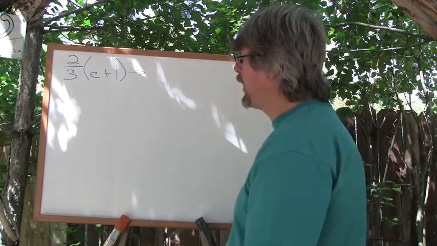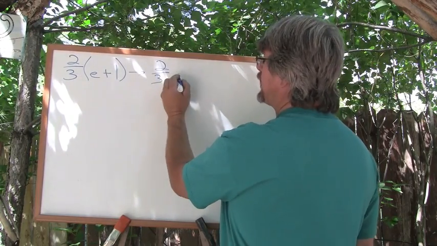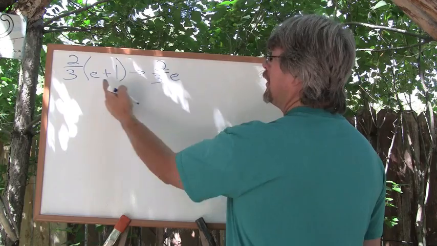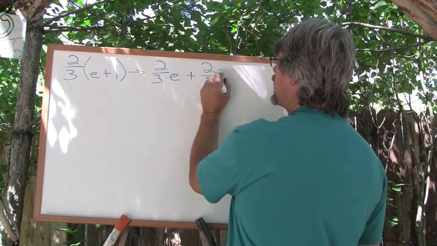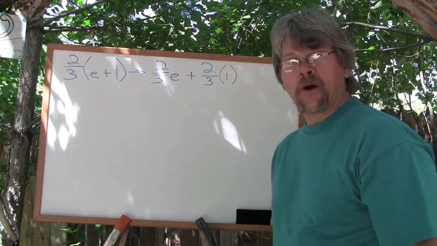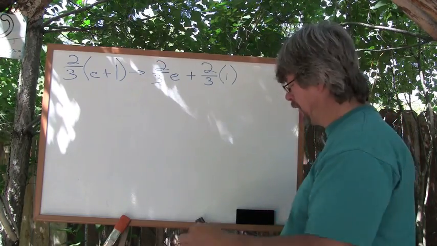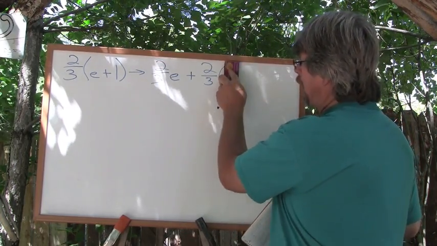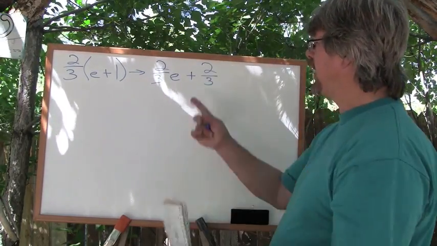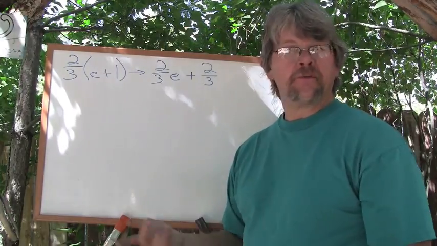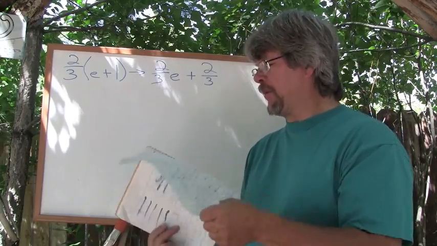You can do this in your sleep, right? 2/3 times e is simply 2/3 e, plus 2/3 times 1. And we know that any number times 1 is just equal to that number. So we don't even have to write the 1. Multiplying that out, 2/3 times 1 is simply 2/3. So it's 2/3 e plus 2/3. See, there's nothing to be intimidated about with this.